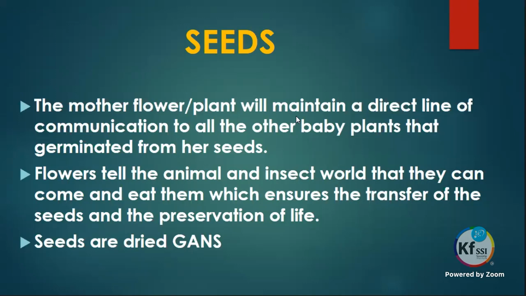It's essentially because they are made of the different dried GANs materials. So when we eat them, we have that immediate connection with these dried GANs materials, and our body's able to interact and absorb these fields from the seeds themselves.